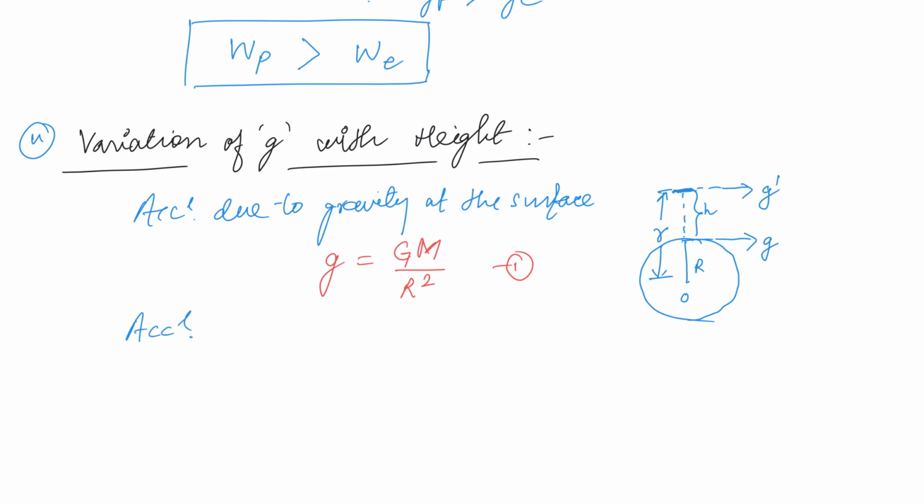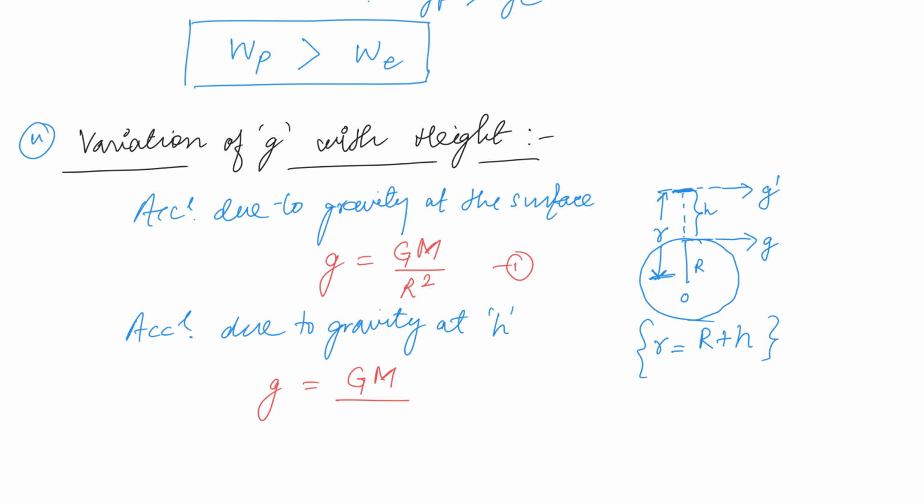Since we have raised up to this height, the distance will be small r in place of capital R, so we write small r square, where small r is capital R plus h. So the acceleration due to gravity at h height will be g dash equals capital GM upon (R plus h) square. Equation 2.